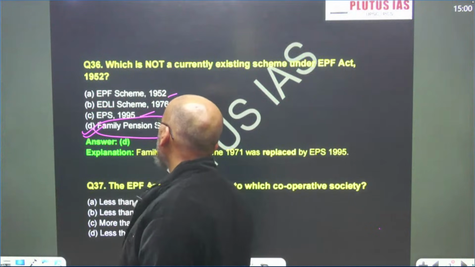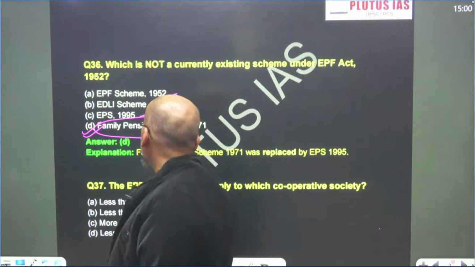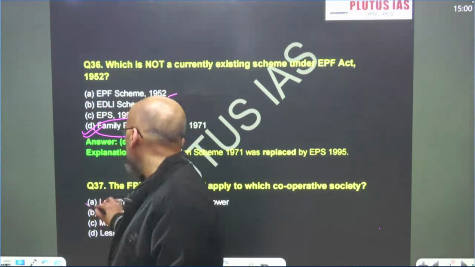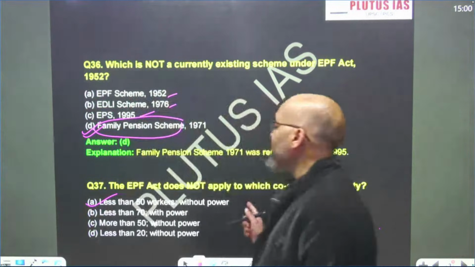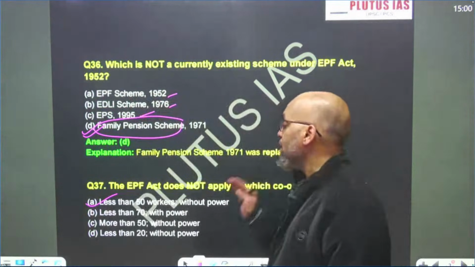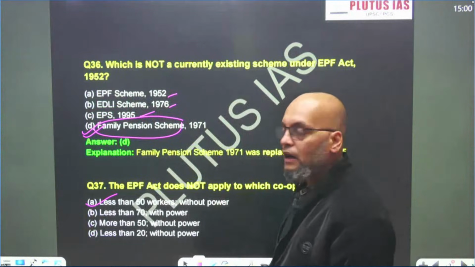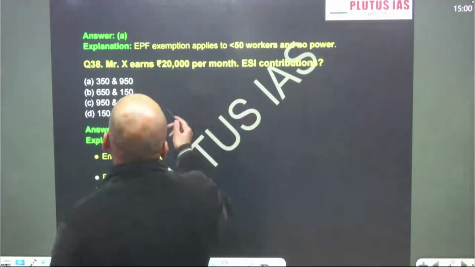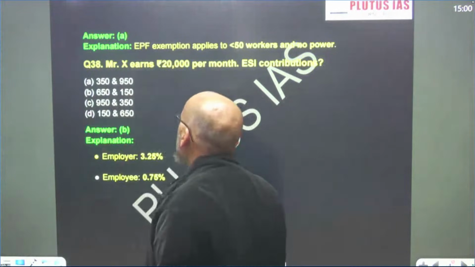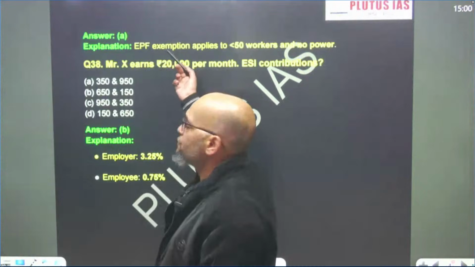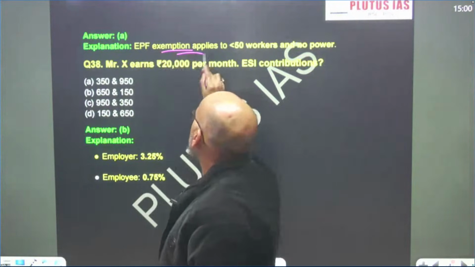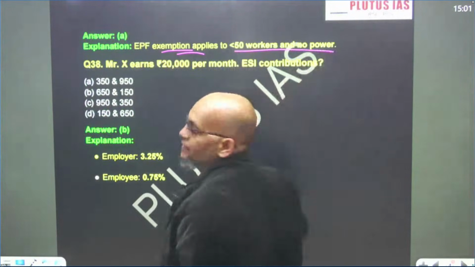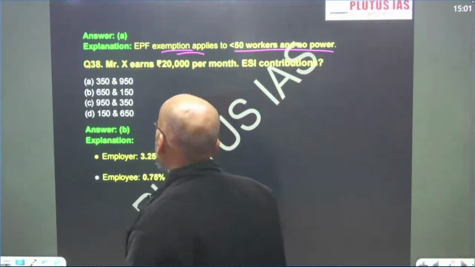So guys, option A is correct, less than 50 workers without power. Your EPF Act does not apply to less than 50 workers without power. Next, and you can see the explanation as well, it's the exemption that is given to less than 50 workers.